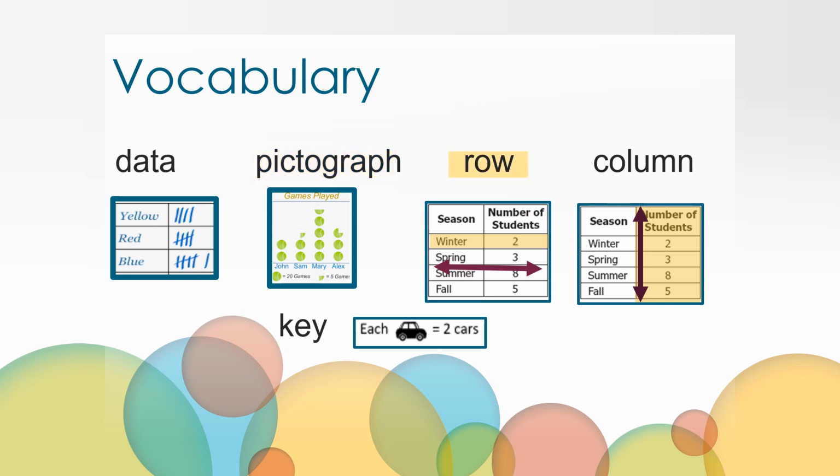Row refers to the section going from left to right across the table or graph. And column is when we're talking about the part of the graph or table that goes up and down. A key tells us how to count the picture in the pictograph.